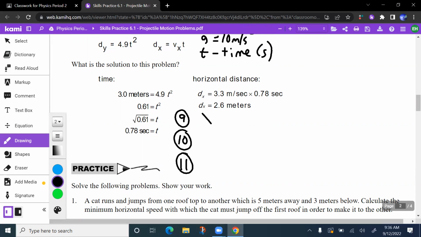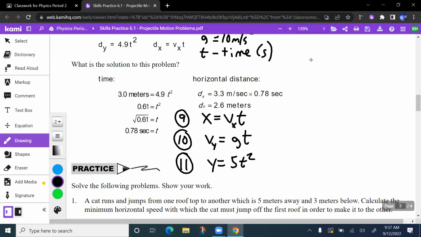Equation number 9 was X equals Vx times T. Equation number 10 was Vy equals GT. And then finally, equation 11 was Y equals 5T squared. Those were the simplified versions of the equations that we used for constant speed and constant acceleration motion, specifically applicable to projectile motion.